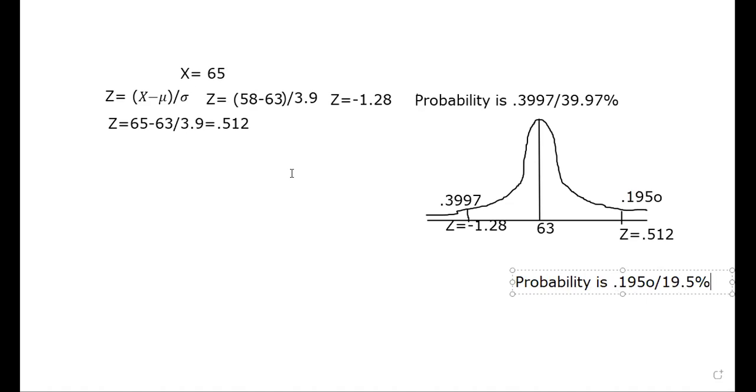Suppose your mean is given as 63 and your standard deviation is 3.9, and the question is that somebody will get marks between 58 and 65. In that case, you subtract the higher value from the lower value.